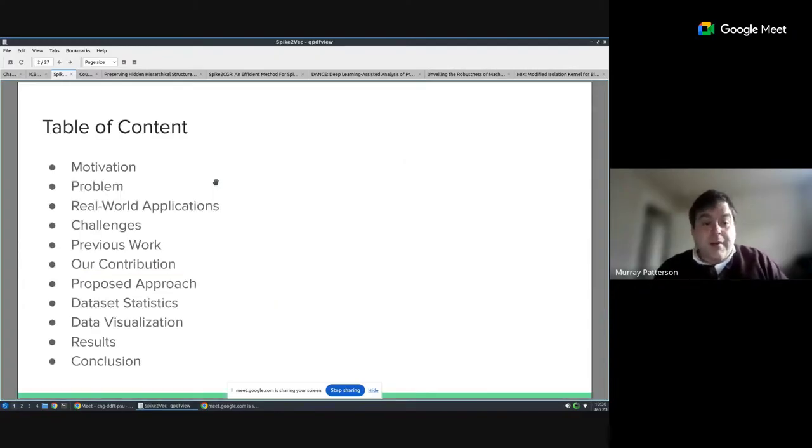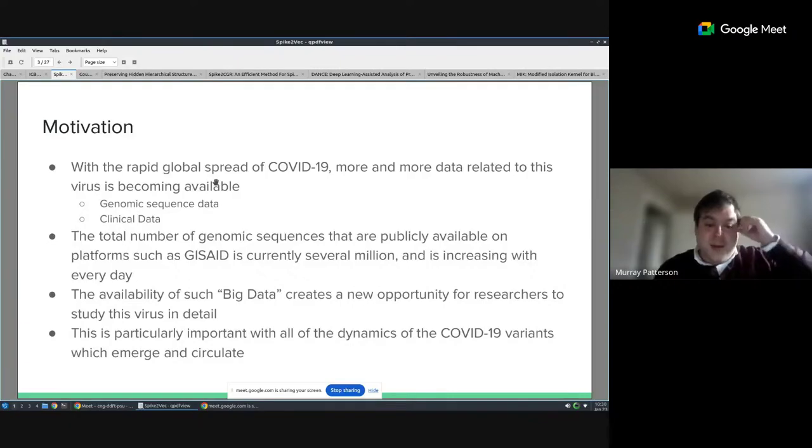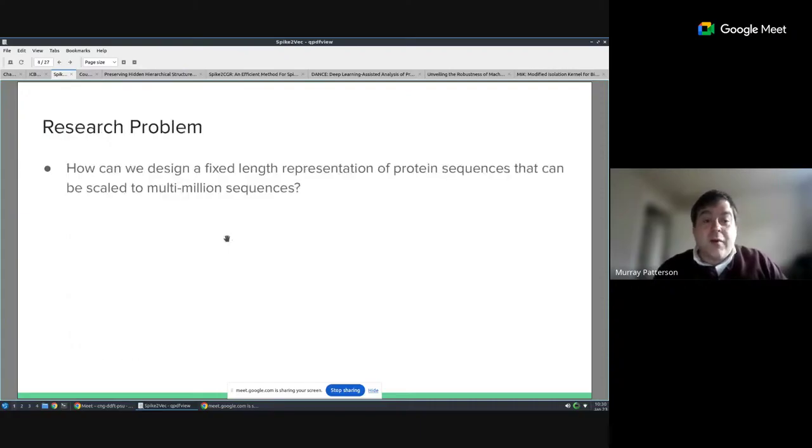To briefly go through the intro, the data that kept coming out was really pushing genomics into a big data realm. So can we use these methods for it?